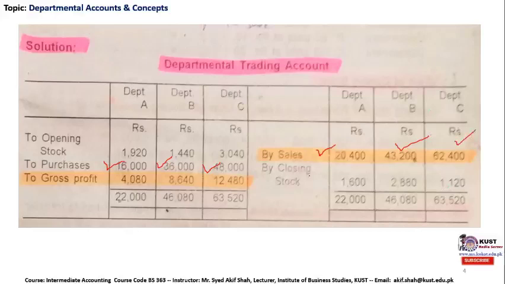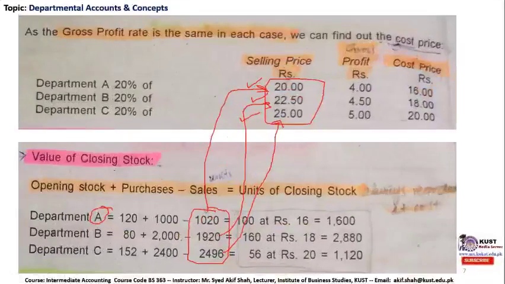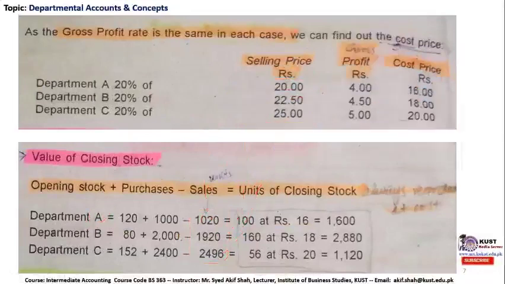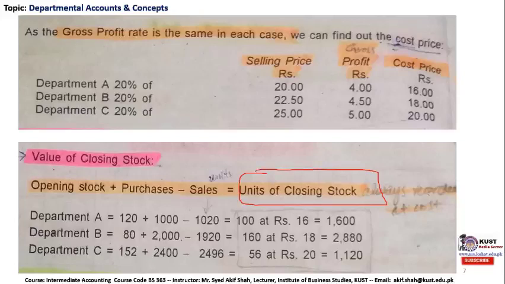The final value to be calculated is the closing stock. So let's check out the working. To find the number of units in the closing stock, we write down the opening stock plus purchases minus the units sold.